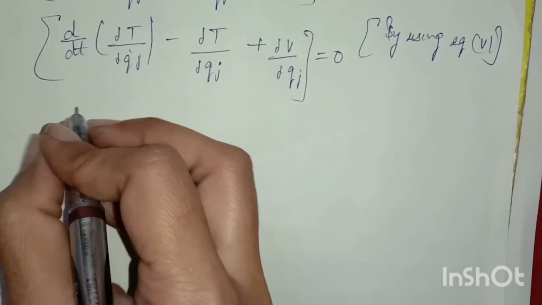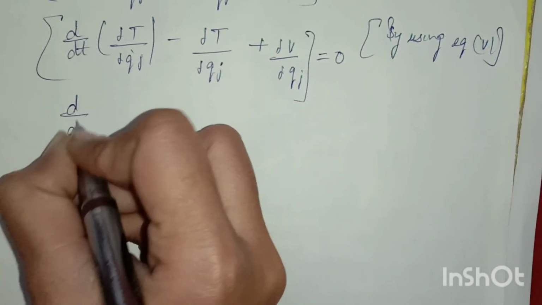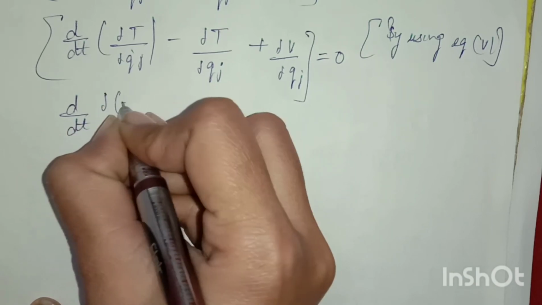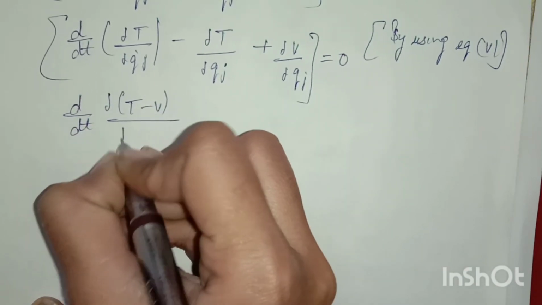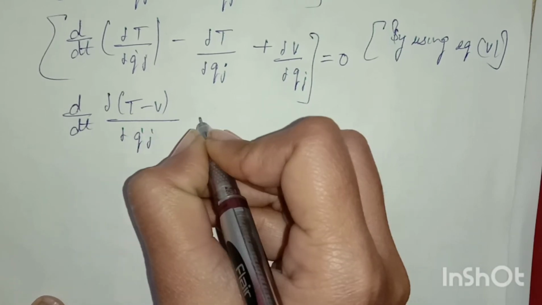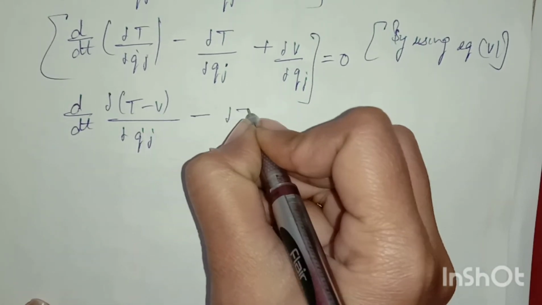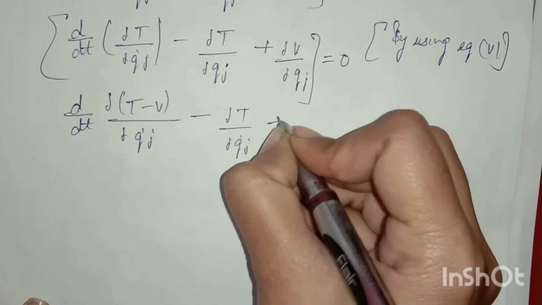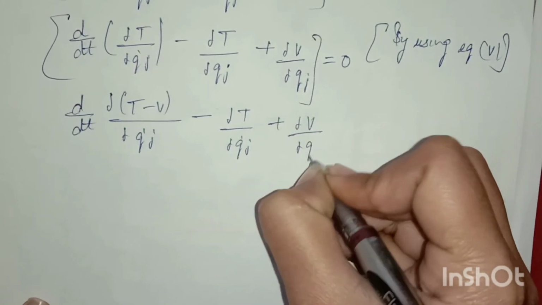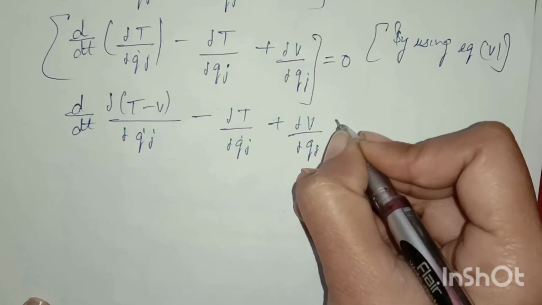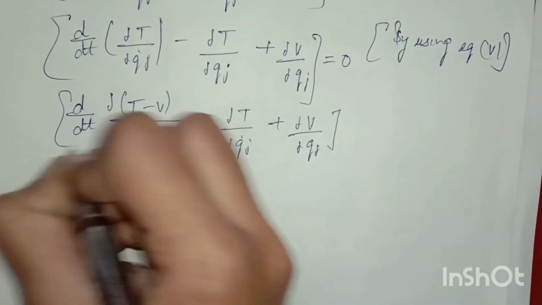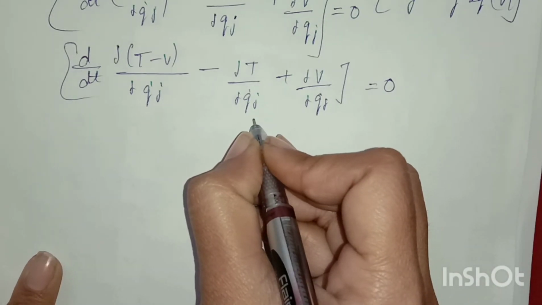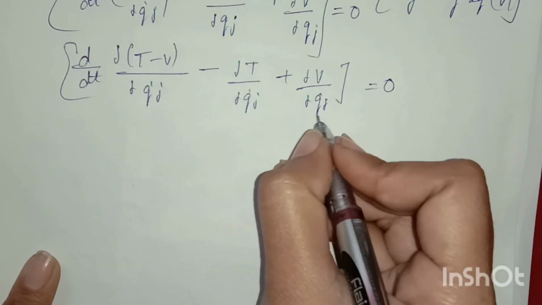So we can write d/dt ∂(T−V)/∂q̇_j minus ∂T/∂q̇_j plus ∂V/∂q_j is equal to 0. Here ∂q̇_j and ∂q_j terms are common.